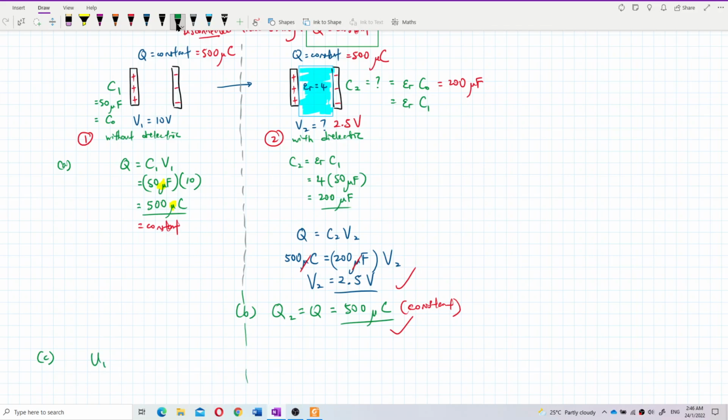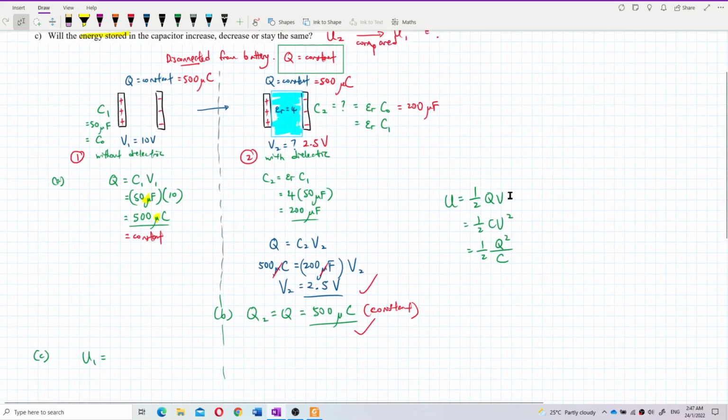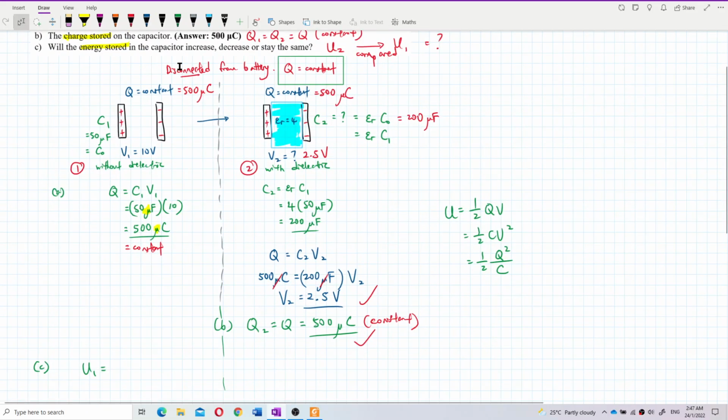U1 is equal to, I can calculate. What is the U formula? We have half QV, half CV square, half Q square over C. So which formula do we use? Bear in mind, in this question Q is constant. Disconnected from the battery, the charge is constant.